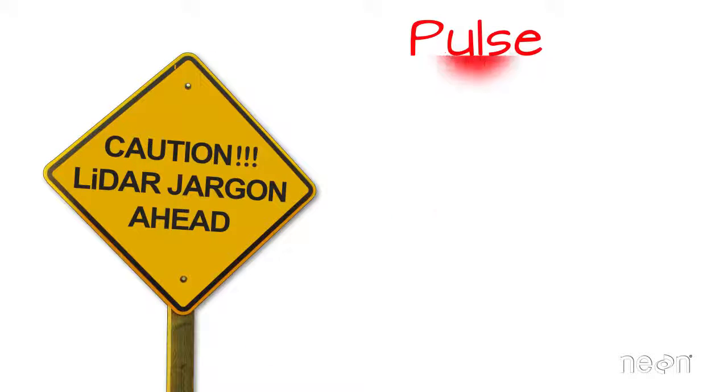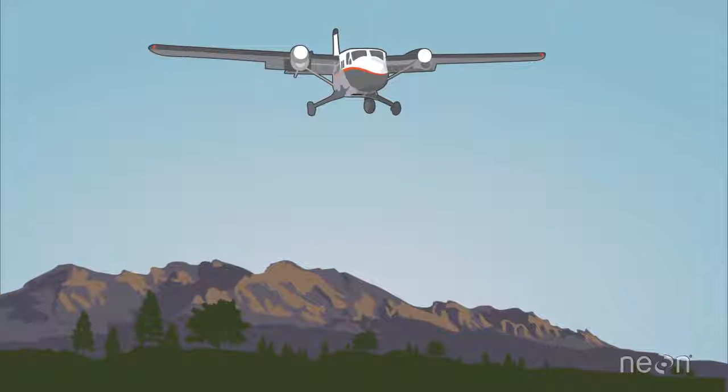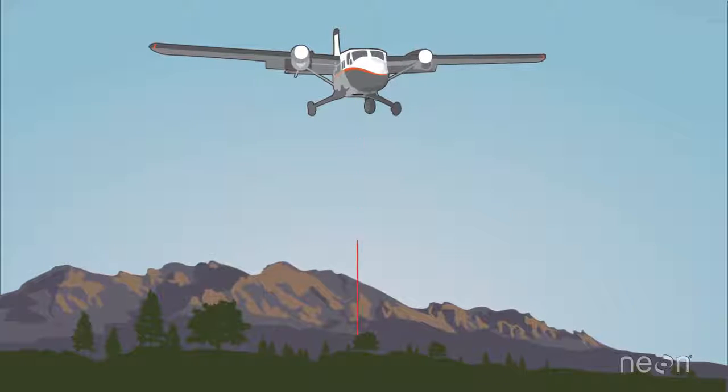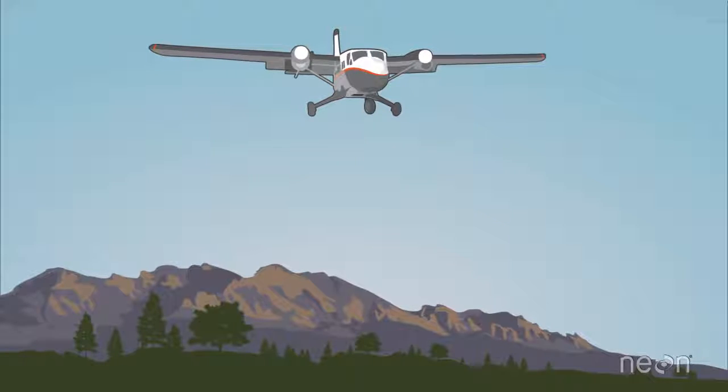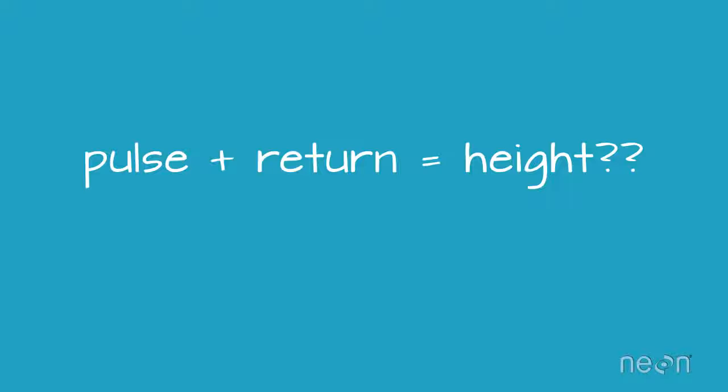First, let's define the word pulse. A pulse simply refers to a burst of light energy that is emitted by the Lidar system. And second, let's define the word return. Return refers to reflected light energy that has been recorded by the Lidar sensor. So pulses of light energy travel to the ground and return back to the Lidar sensor.